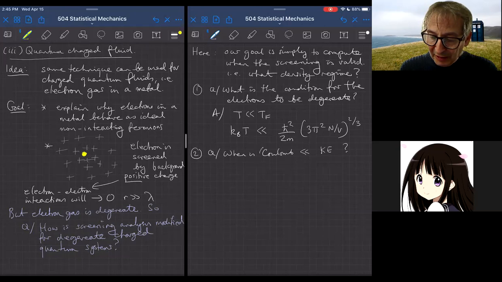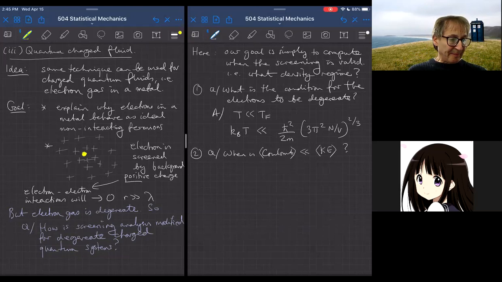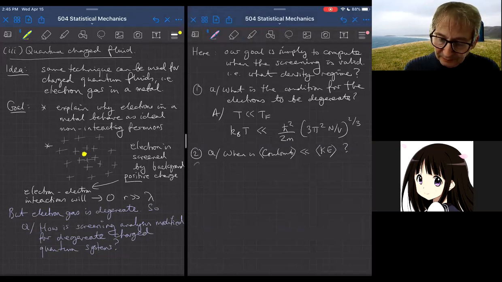And of course, what we're really looking at is the average Coulomb energy and the average kinetic energy. So let's try to estimate then what those quantities are. So we're going to estimate the average potential energy. So that we would say is going to be Ze times e.